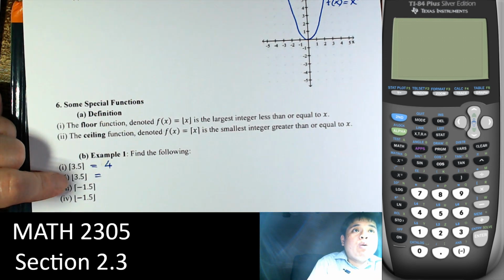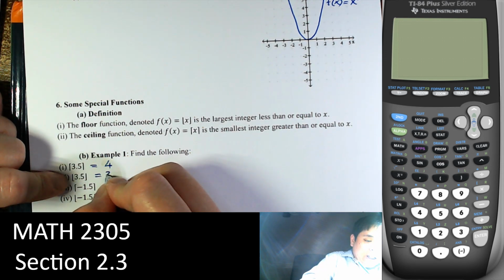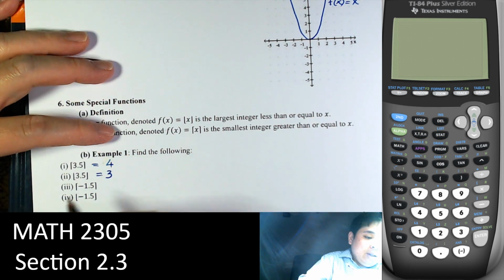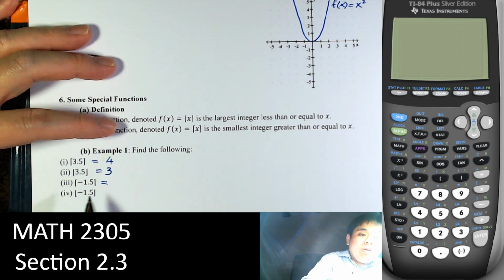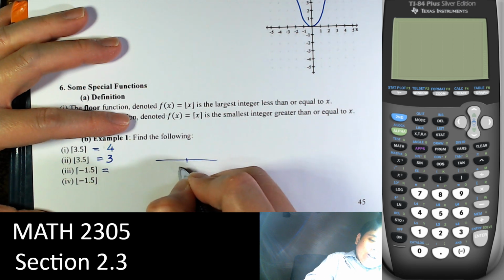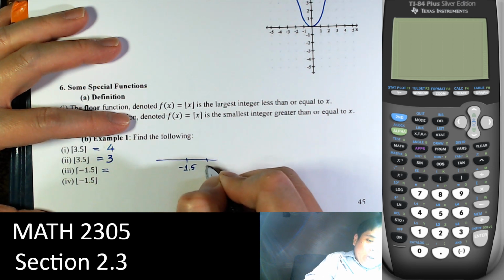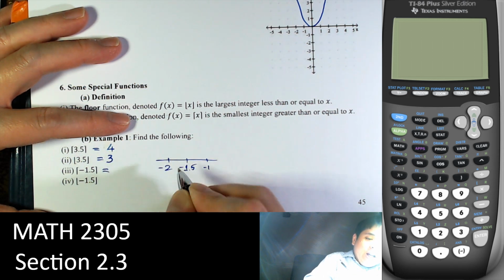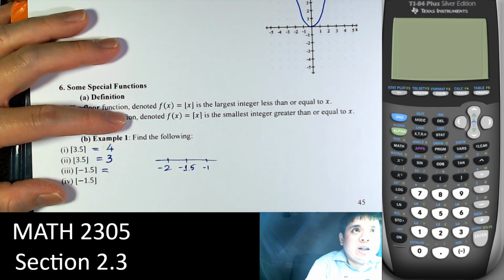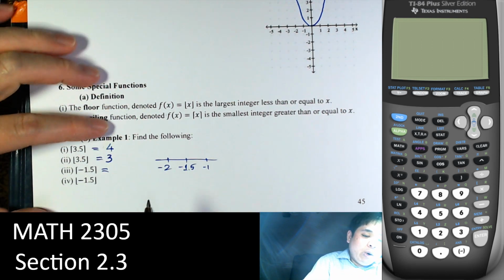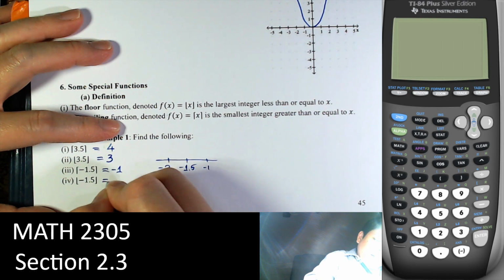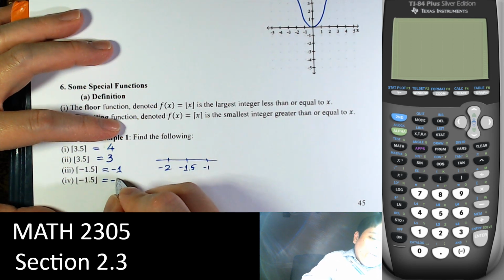And for 3.5, the floor of that is going to be 3. Negative 1.5, well, negative 1.5 is between negative 1 and negative 2. Negative 2 is smaller, negative 1 is bigger. And this is the ceiling, so we round up. And the floor, we round down.